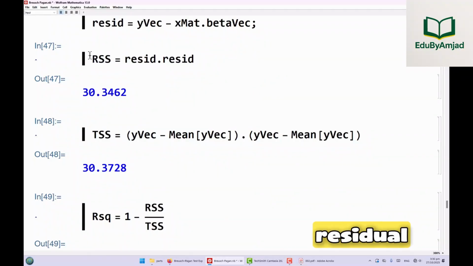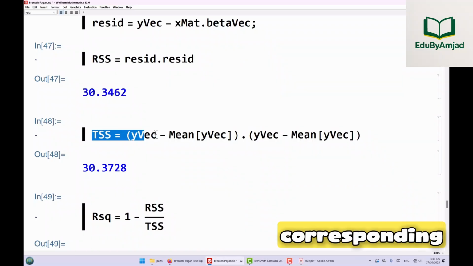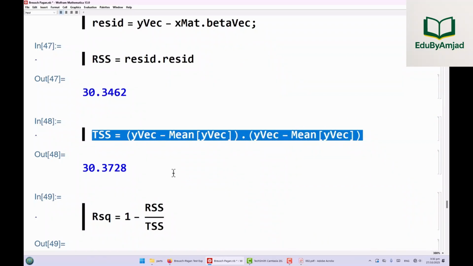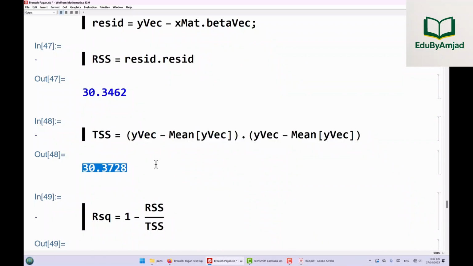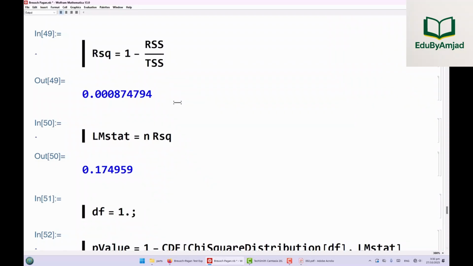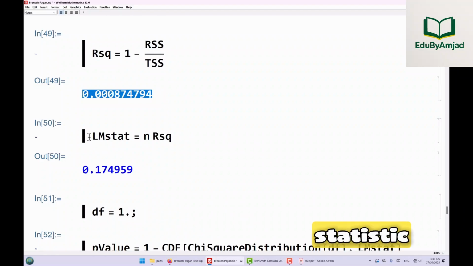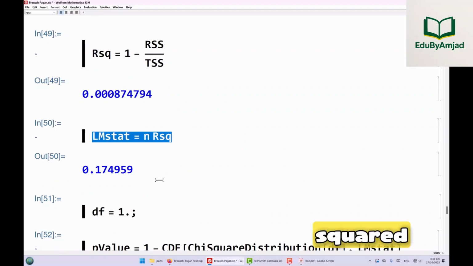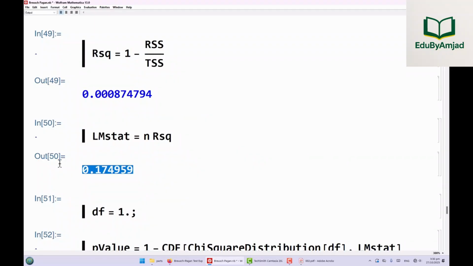We then compute the residual sum of squares and the total sum of squares to obtain the corresponding r squared. And finally, the test statistic, n times r squared. This time, the computed test statistic is 0.175.